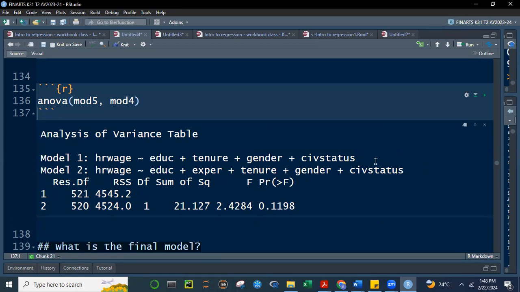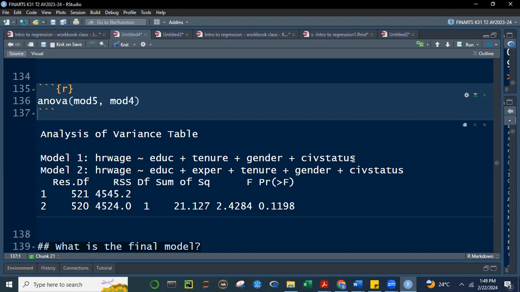And the null hypothesis is that model number 1, the restricted, is better than model number 2, which is your unrestricted. In other words, we're saying we don't need to put experience as a predictor. That's saying that the restricted model is better.